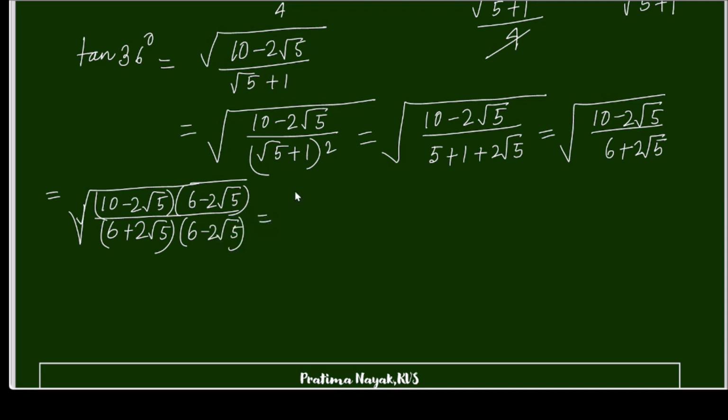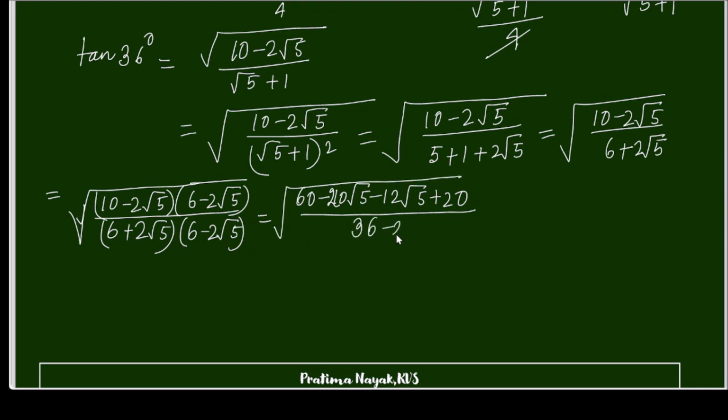It will be 60 minus 10 root 5, 10 into 2 is 20 root 5, minus 12 root 5 plus 2 into 4 is 20, whole upon, it will be a plus b, a minus b: 36 minus 20. So in the next step, it will be 60 plus 20, 80 minus 32 root 5 by 16.